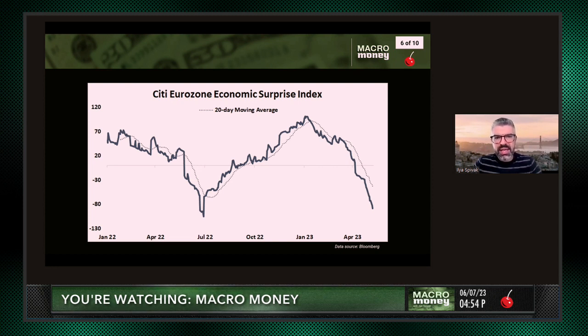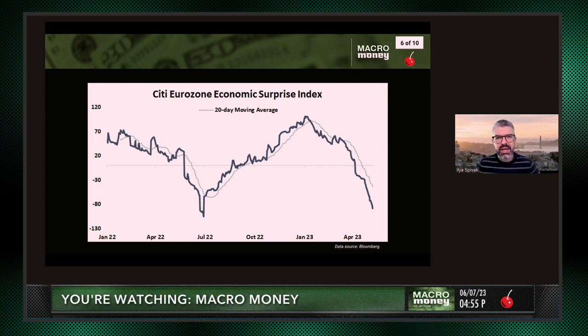So what you see here really is economists' models being woefully incorrect about where the economy is going, and the economy aggressively underperforming what economic models are suggesting.